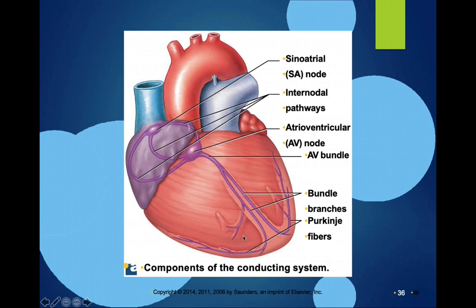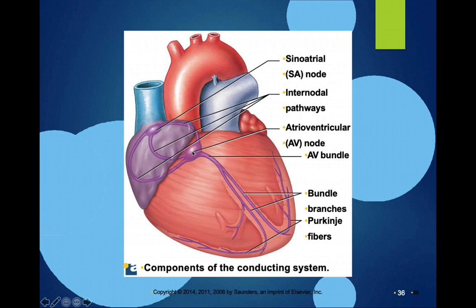But when the ventricles contract, they pump blood inferior to superior. And the way that happens is that the heart has to contract down below first before these cardiomyocytes contract. And the way that happens is that the electrical current is hidden in the interventricular septum.